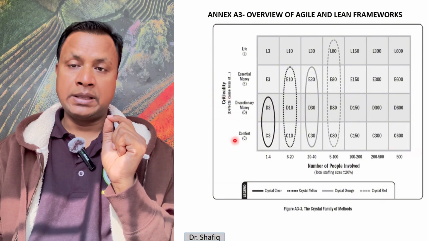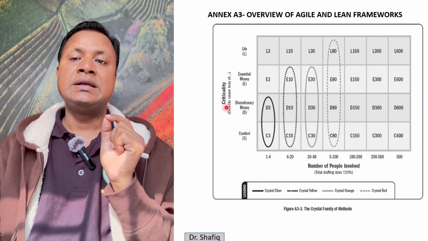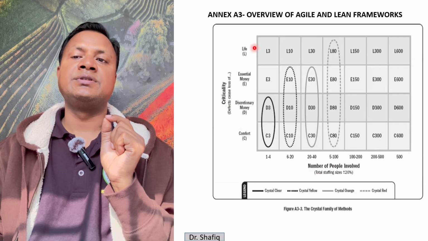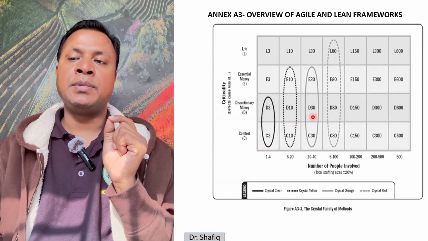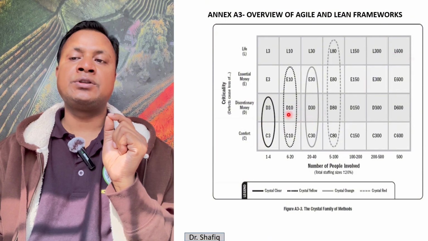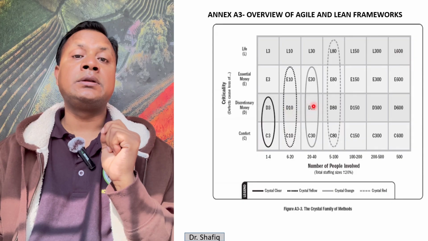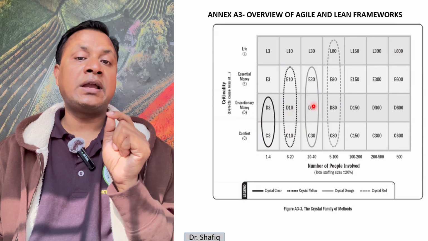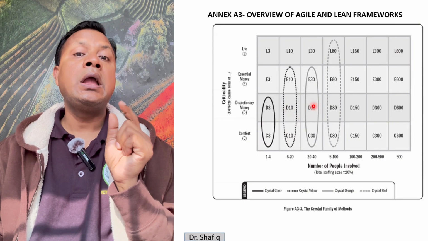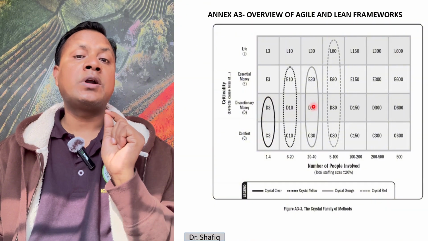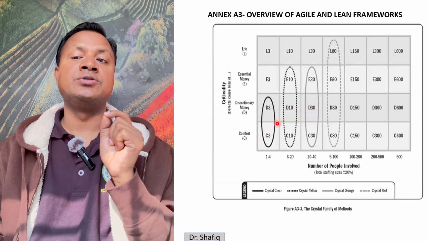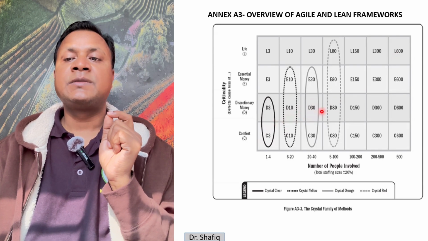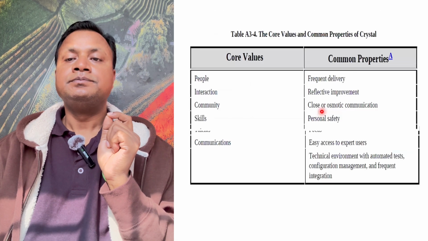If the criticality is more, it will be on this side. So this one is more critical and needs more people. In this way you can make different colors, and based on the color, it indicates what kind of criticality, how many people are there, and what sort of Scrum or Agile practices you will be using. So this is an example of Crystal.